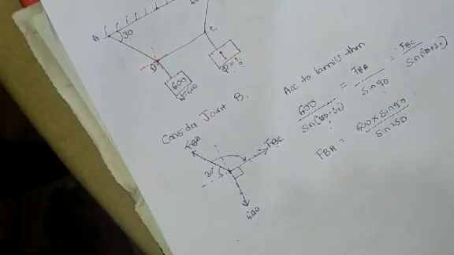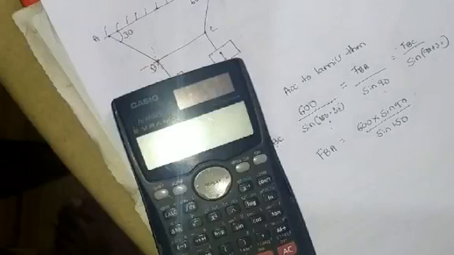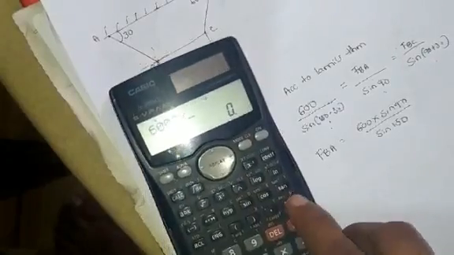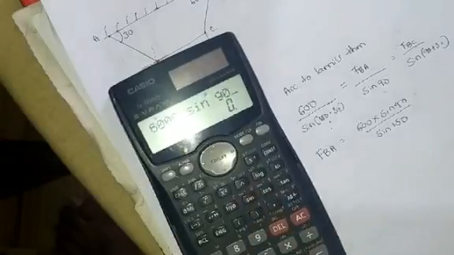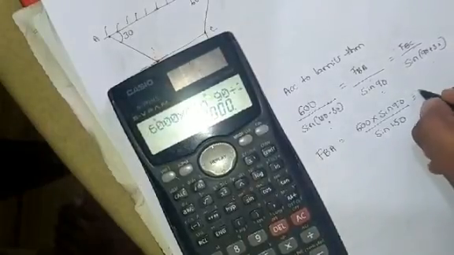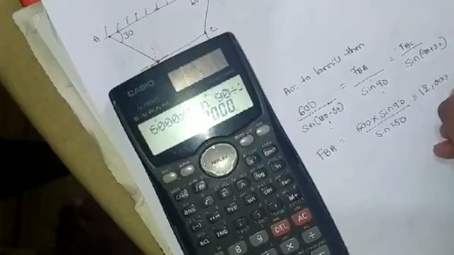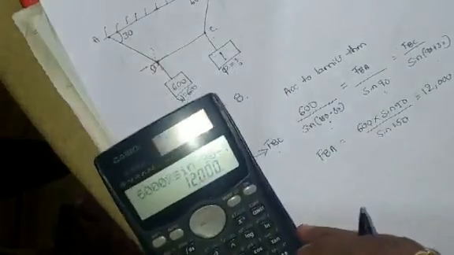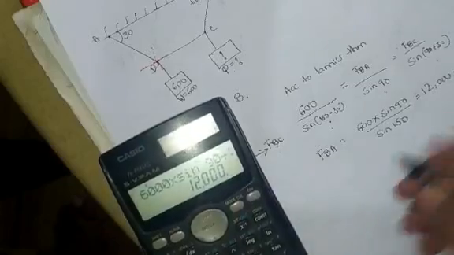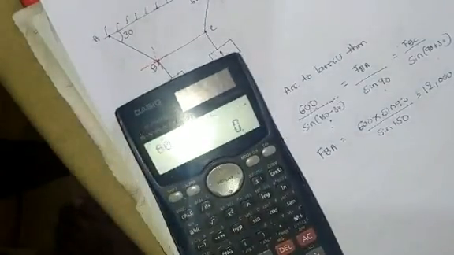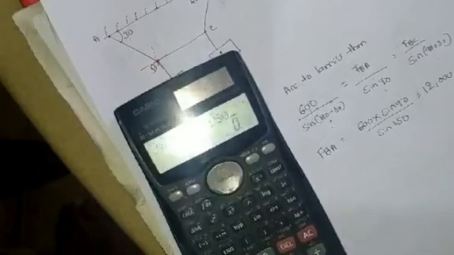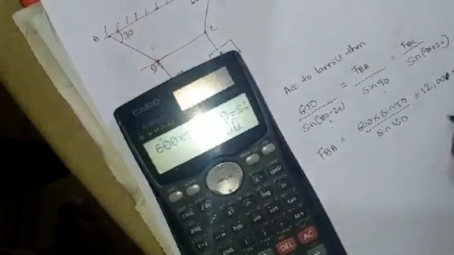Oh, sorry, it is not 6,000. 600 into sine 90 divided by sine 150 is 1200 newtons.